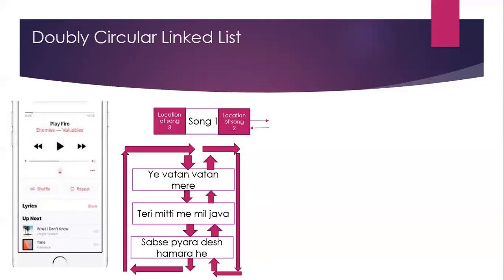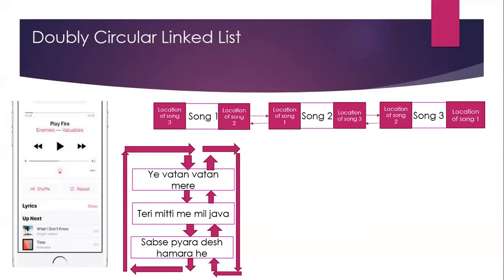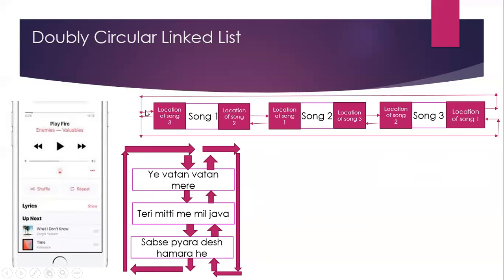Okay, the node structure of the doubly circular linked list is again the same. The only difference is that the previous part of song 1 and the next part of song 3 are not null this time. The previous part of song 1 contains the address of song 3.